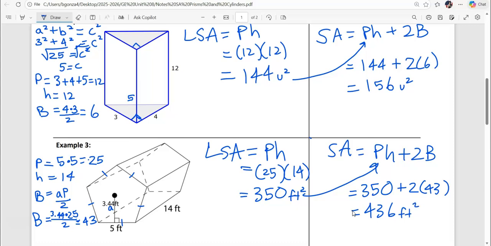Square feet. All right, when you get that, flip it.